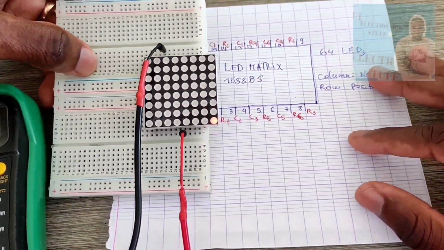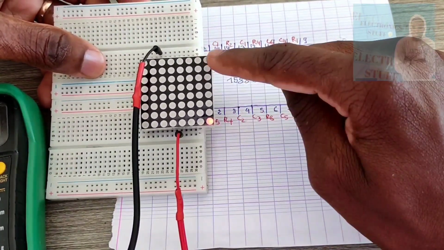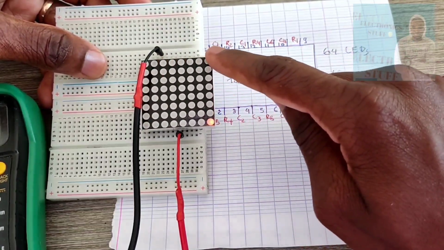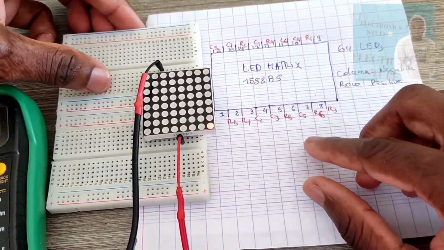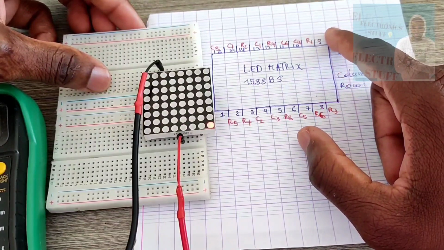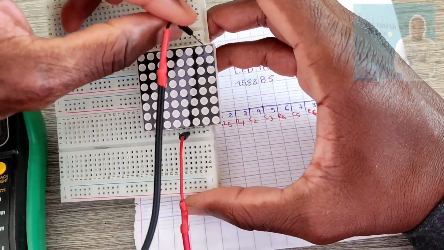And if I want to turn on, for instance, this LED, that's column 8 and row 1. So row 1 is pin 9. Okay, row 1, pin 9.